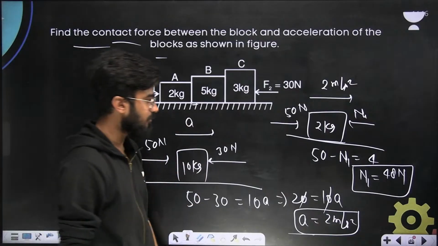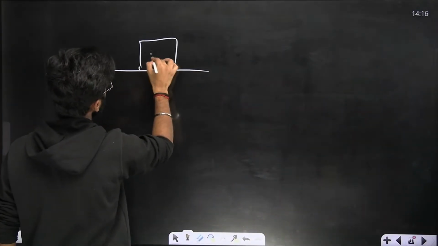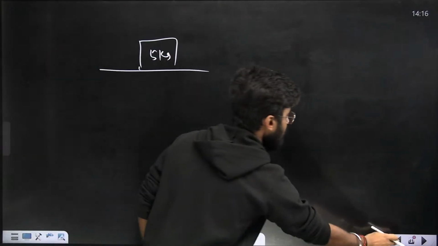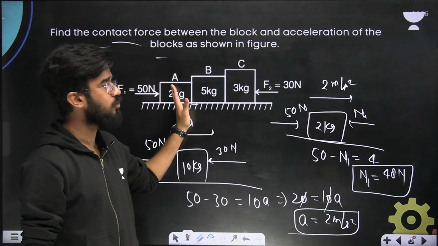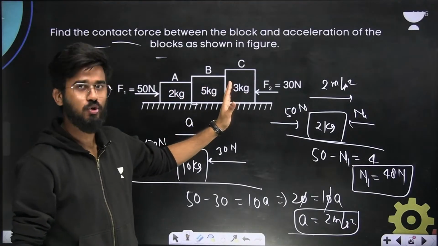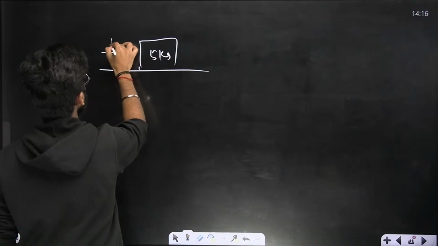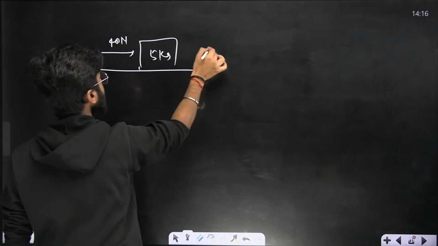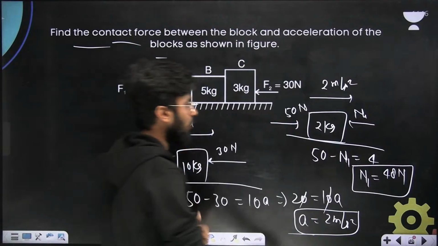Now come to the 5 kg block. The 5 kg block is applying 48 Newton on this, so the 2 kg block will also apply 48 Newton. 2 kg is applying normal reaction, 48 Newton, and this 3 kg block is also applying a normal force on this particular body.